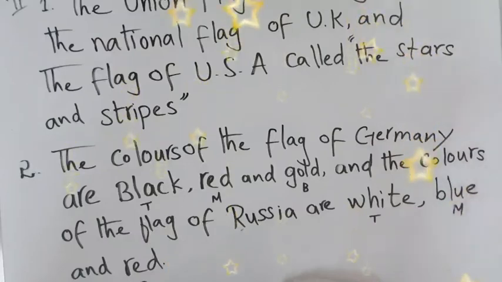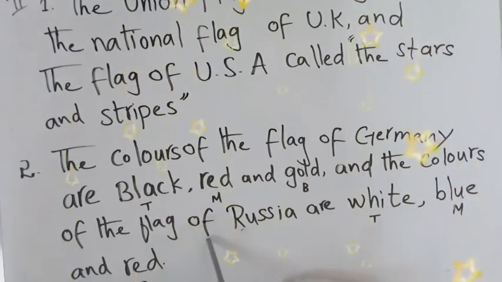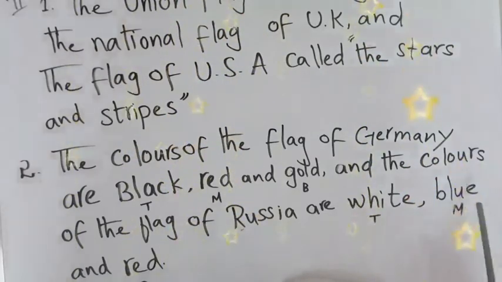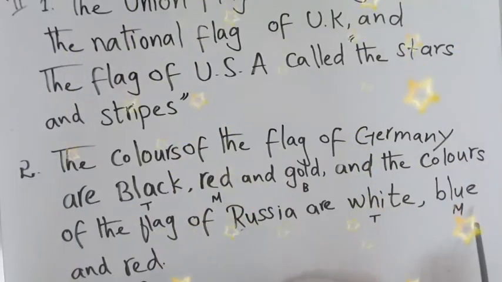And the colors of the flag of Russia are white, which is at the top, blue, which is in the middle, and red, which is at the bottom of the flag, isn't it?